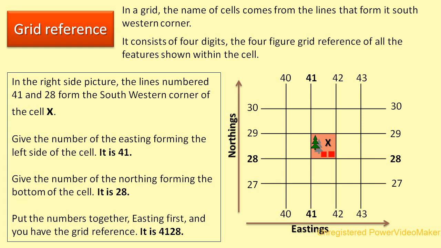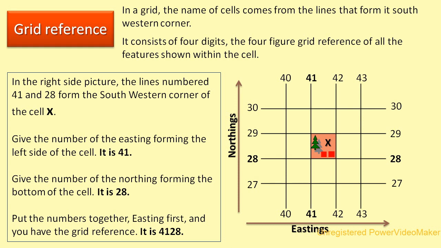We are taking the numbers of the lines, Easting 41 and Northing 28, which are intersecting. These two lines are intersecting at the south western corner of the cell.